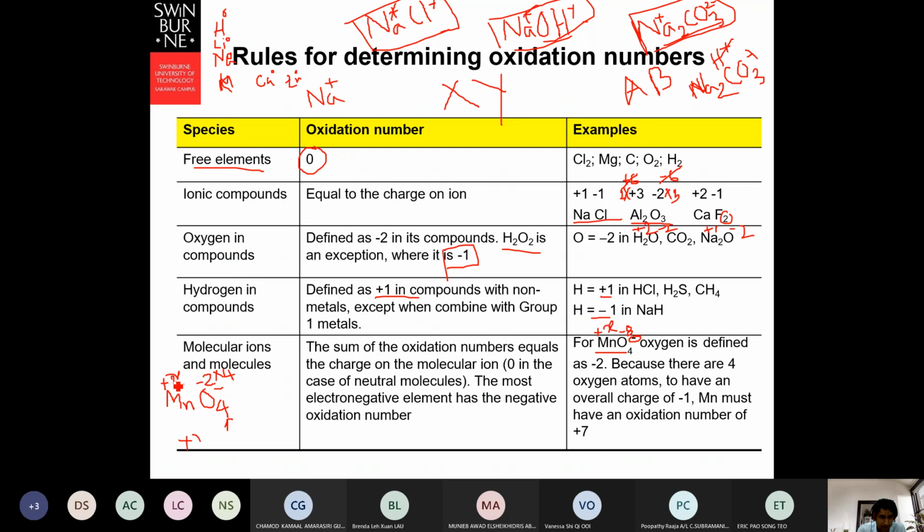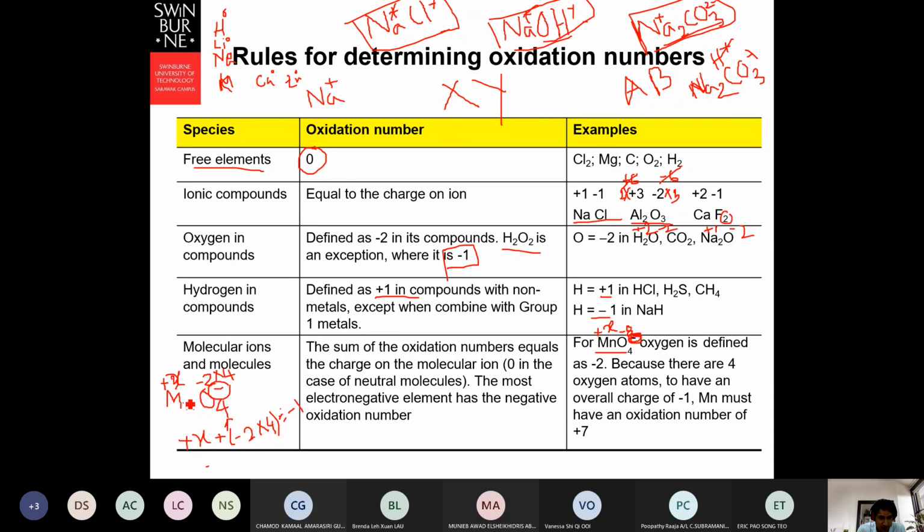Positive X, then negative 2 times 4, equal to, not X, sorry, equal to negative 1. This negative 1 is what MnO4 is carrying, one negative charge.